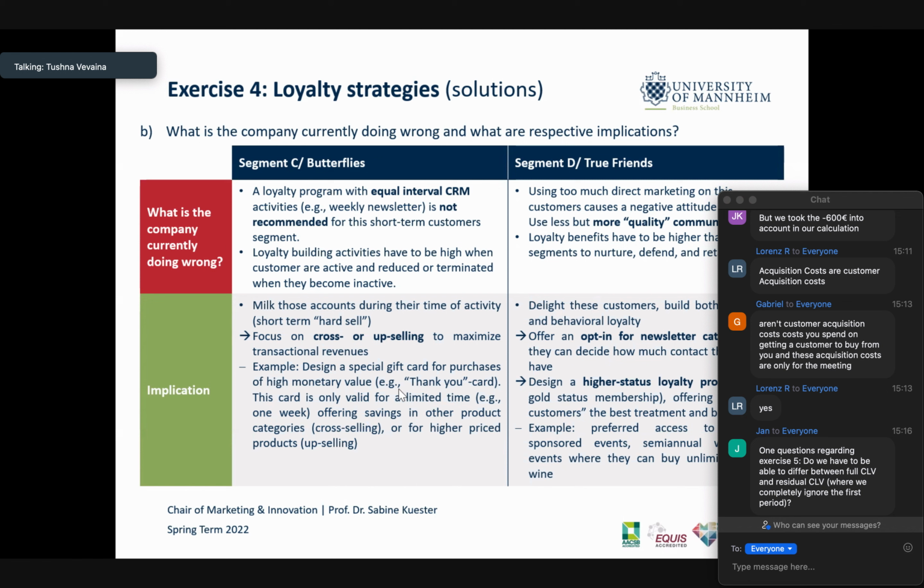Those are examples we just gave, again, cross-selling or different kinds of incentives that you would use differently with these customers. So you don't completely ignore these customers. Yes, because to me it seemed like if we milk them or hard sell stuff to them, it might be that they don't want to come back. I don't know, so that seemed detrimental to me. But with the examples, it makes complete sense.